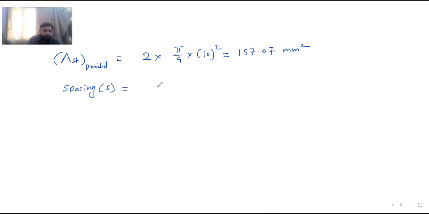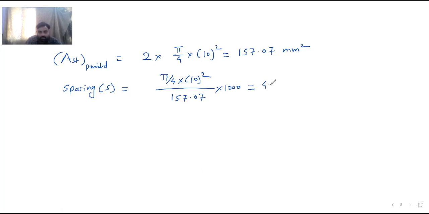So now the spacing S is equal to area of single bar divided by AST provided into width. So calculate this, area of single bar divided by AST provided into 1000.